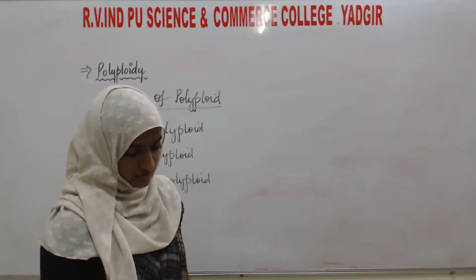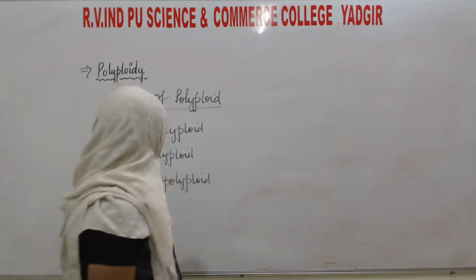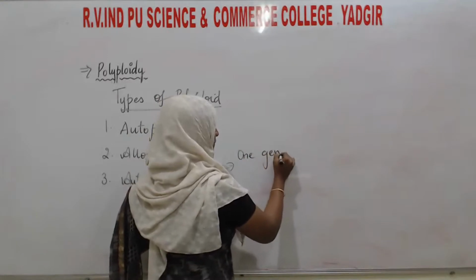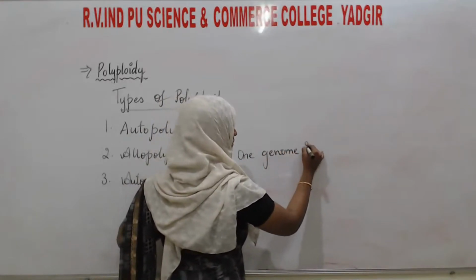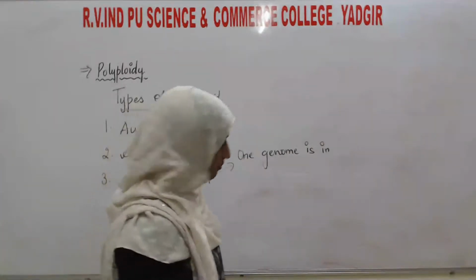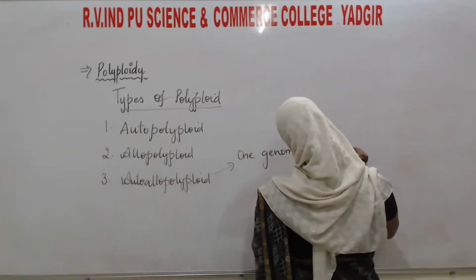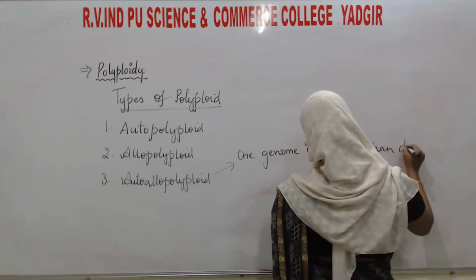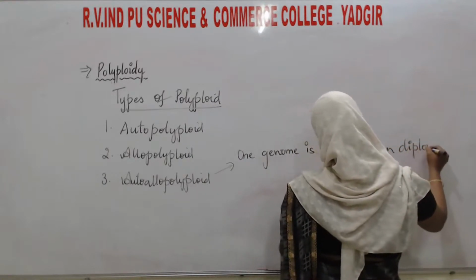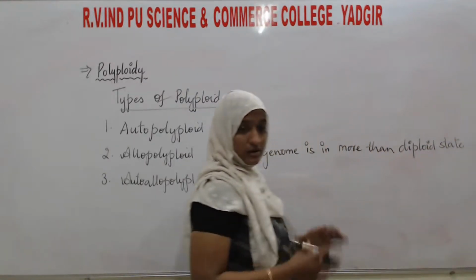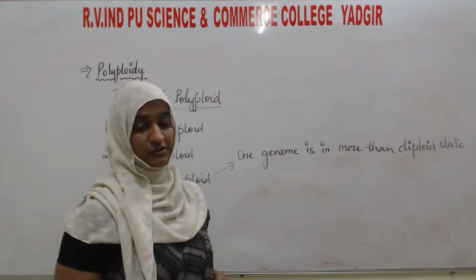Here, one genome is in more than diploid state. More than diploid state means there will already be the presence of two sets of chromosomes.